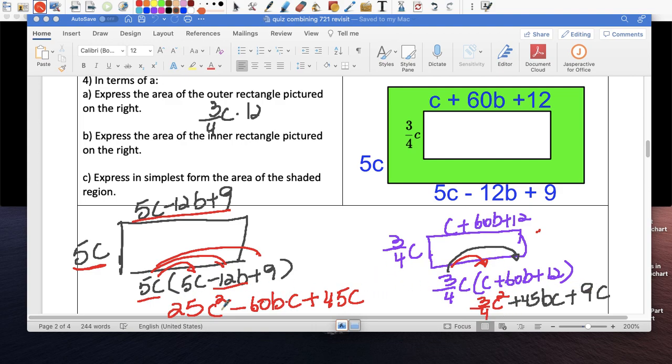All right, so the area of the small rectangle is that. The area of the big rectangle is this. So what did we need to do? We needed to subtract the one on the right from the left side. Let me erase.